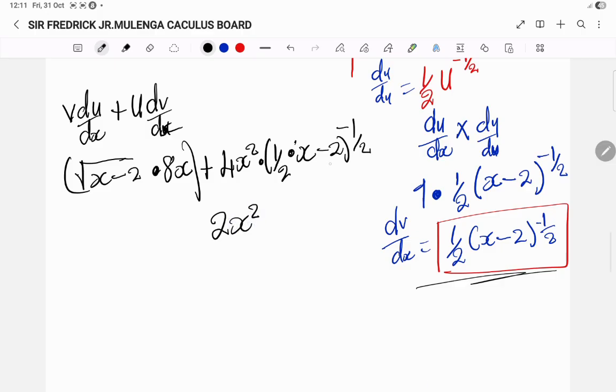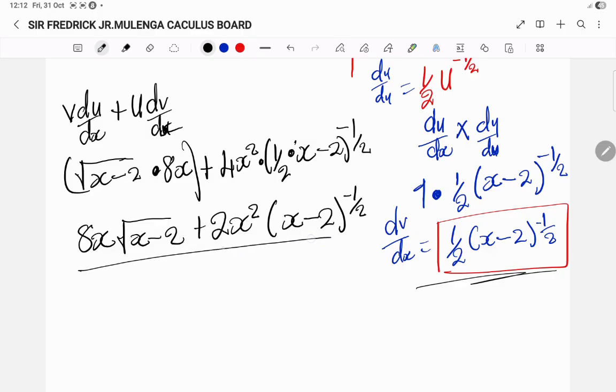Then you are remaining with x minus 2 to the power negative half. Then here you just rearrange these things, so it would be 8x times x minus 2, and this is our final answer, just like that.